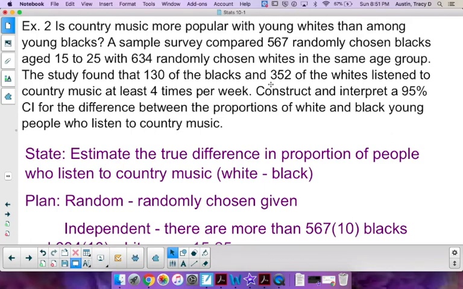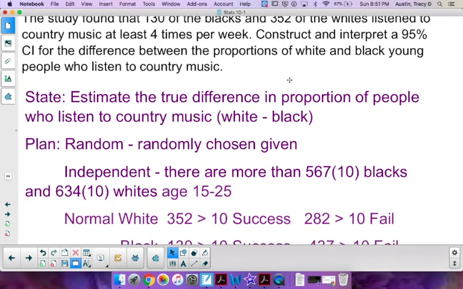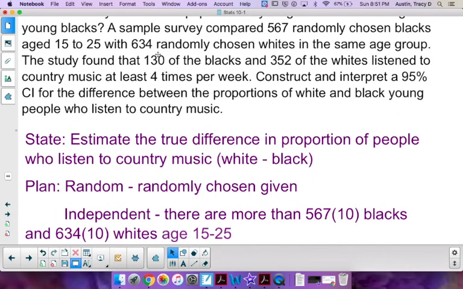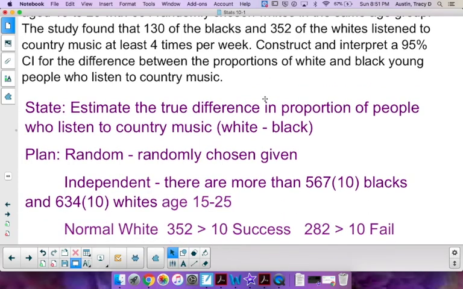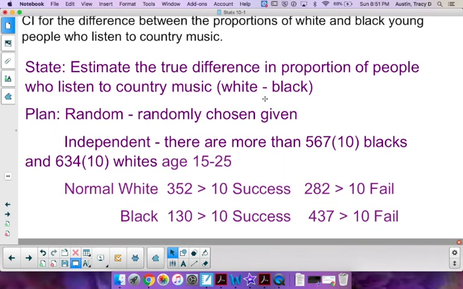That's considered a success. Subtract 634 minus 352, and you're going to get 282 failures. Same thing with the black, 130 successes, and 130 taken from 567 would be your failures, so that would be 437.